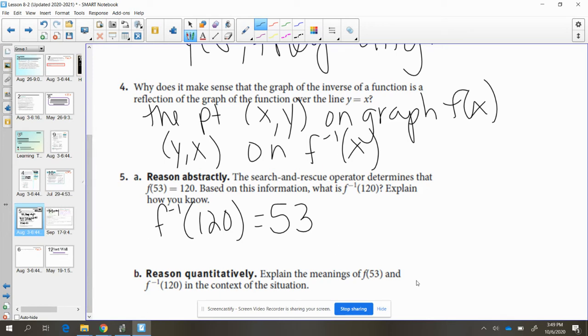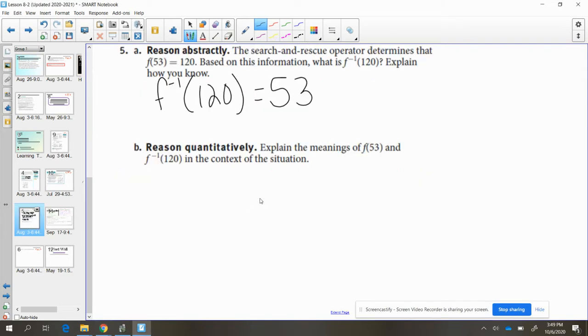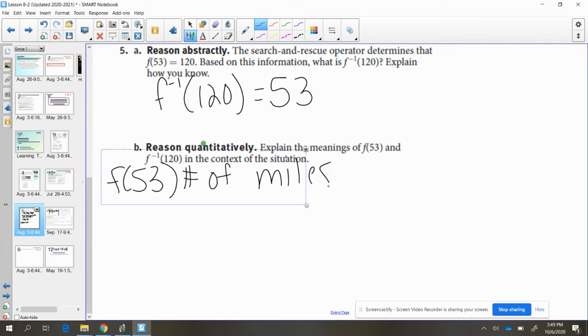Now, f of 53 in this situation, if we're talking contextually with this problem, is the number of miles that are traveled in 53 minutes.